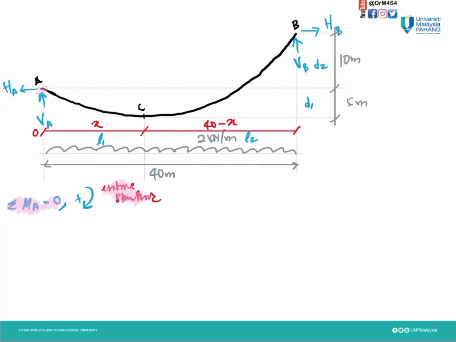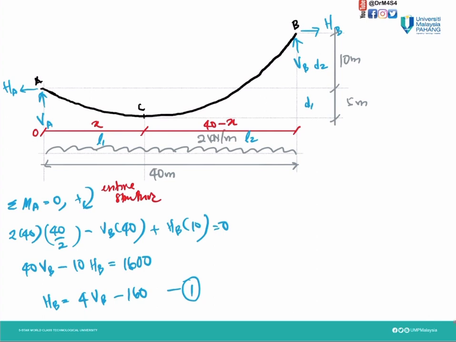Then we take for entire structure, take summation moment at A equal to 0. So here is A, positive clockwise. Due to UDL for 40 meter length, so 2 times 40 meter, then this length we have to divide by 2, so 40 divided by 2. This force is going down, so to point A is clockwise, therefore positive.